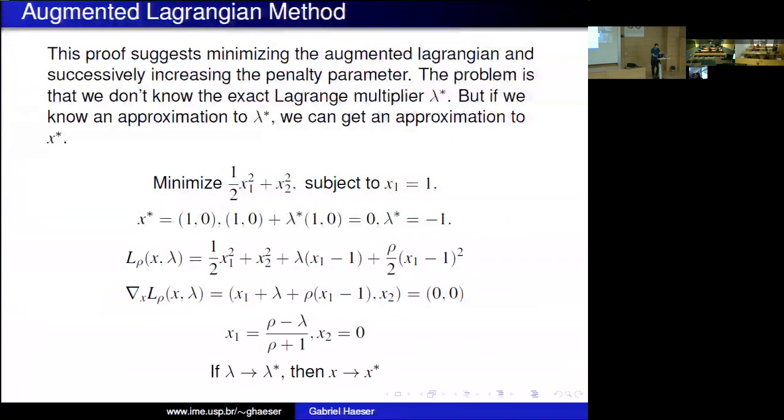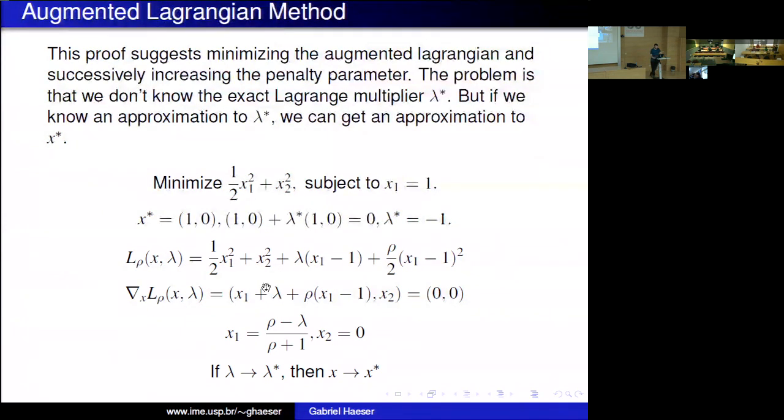But let me look at the augmented Lagrangian function at any point x, lambda. It's the objective function plus the term with the Lagrangian multiplier and the constraint, plus the penalization term. Okay, and let's solve this problem.